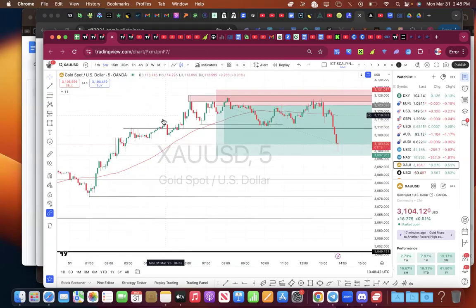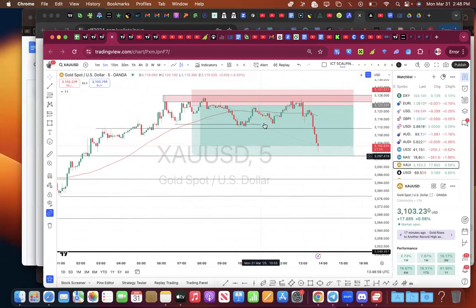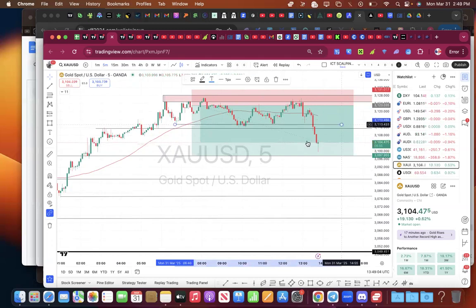Another high was created, which is the highest right now, and then it created another low here. Now, this low ought to be broken before we take the setup very seriously.